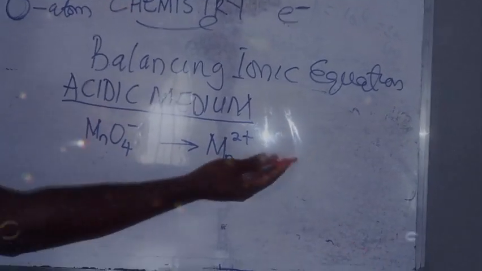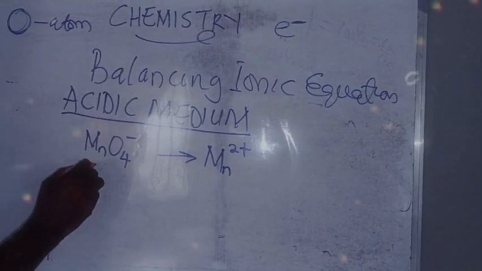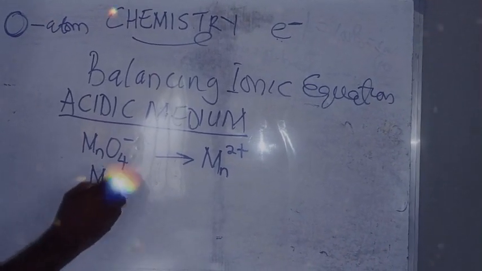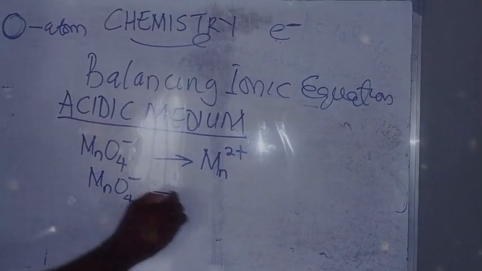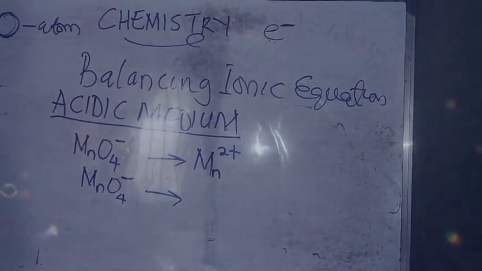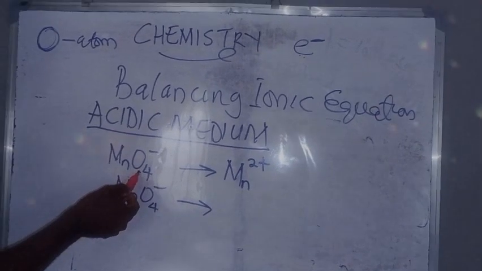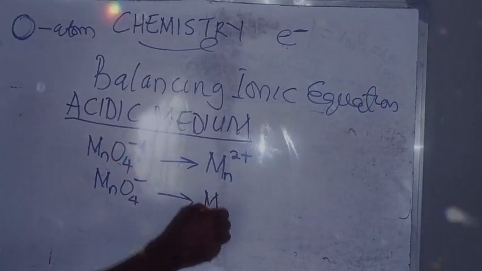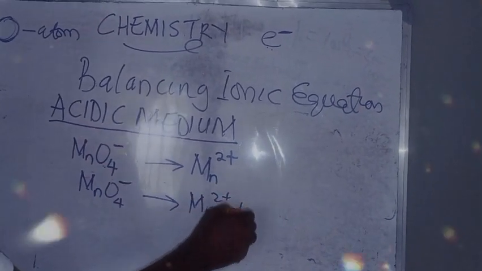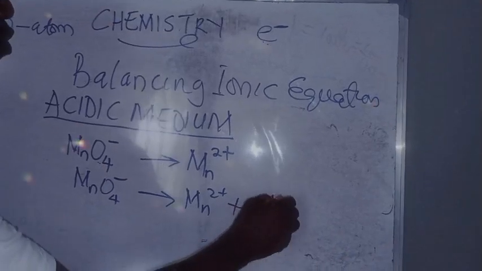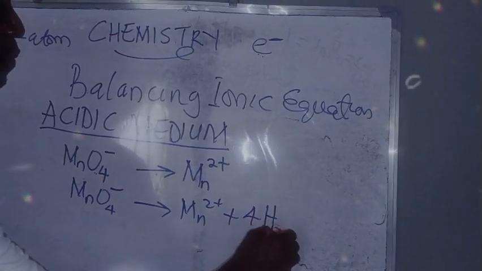We balance this side by doing what? By introducing an equivalent number of water molecules. 4 moles of water, because there are 4 oxygen here. So it will be Mn2+ plus 4 molecules of water.